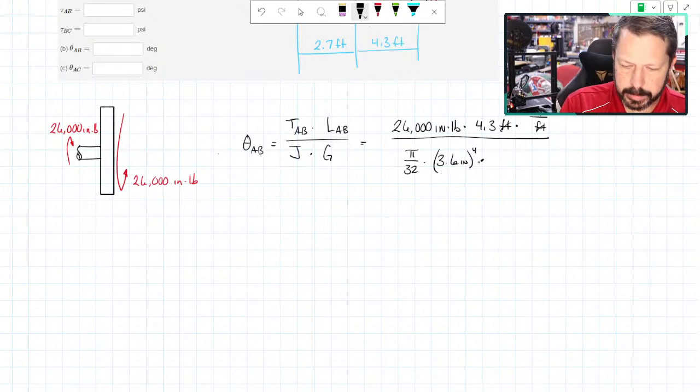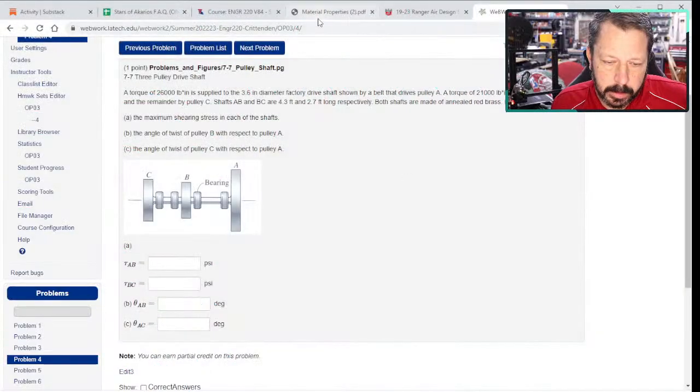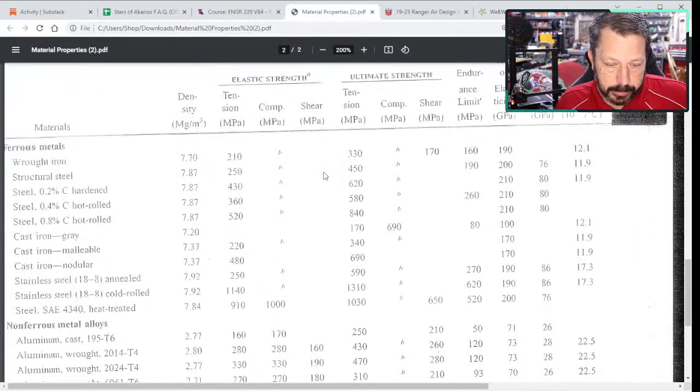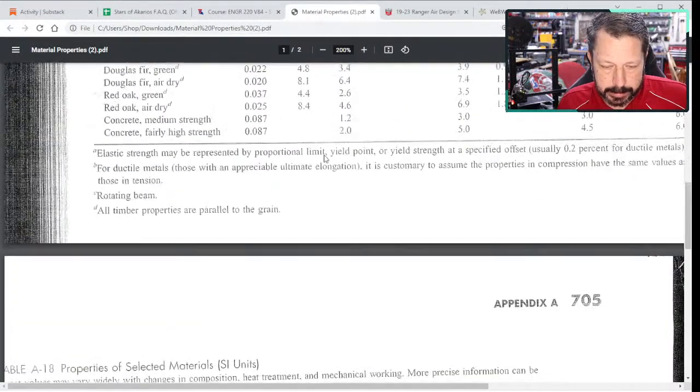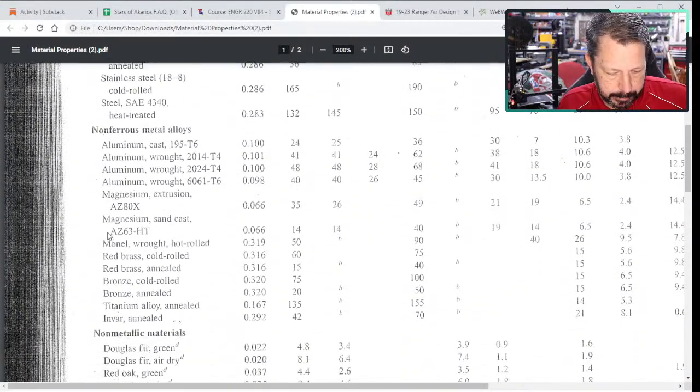G, we're going to have to look that up. I don't know the modulus of rigidity for annealed red brass. We have to use the right table. We don't want the megapascals now, we want the KSI. Red brass annealed looks like it's 5.6 over here.